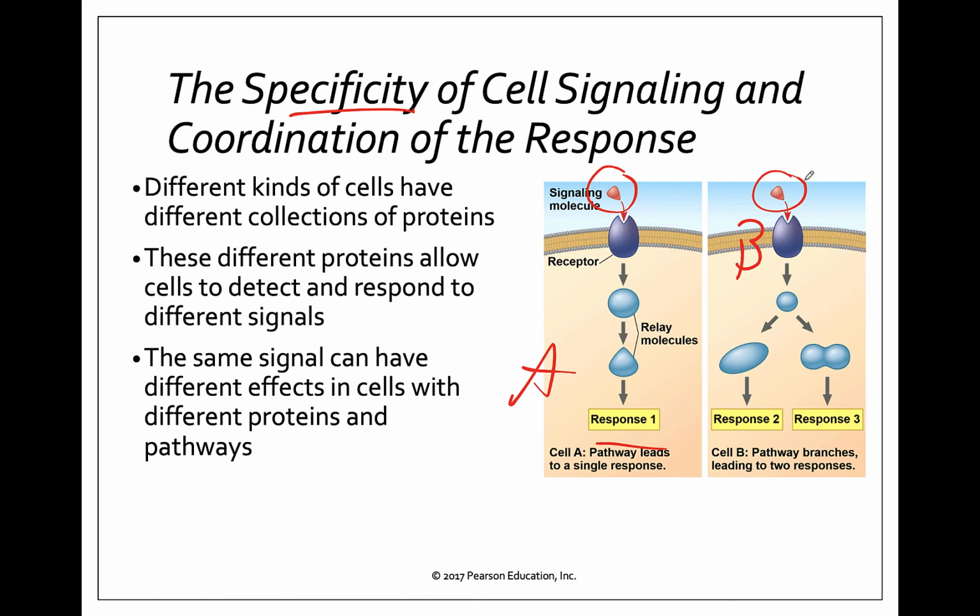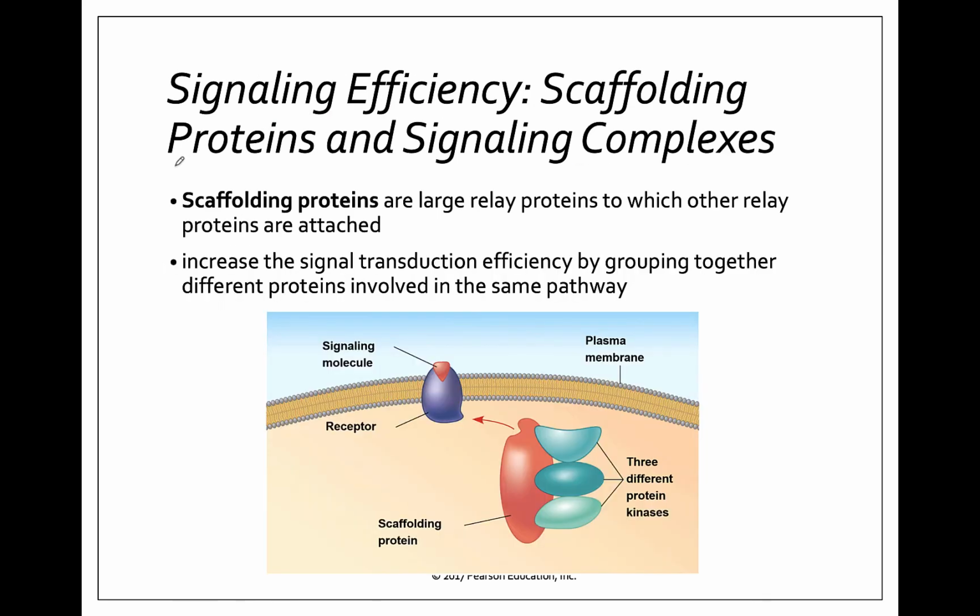In cell B, that same signal has a different pathway that actually splits into 2 responses, and we get 2 completely different responses from the same signal, just because these 2 different cells have a different transduction pathway, right? That's step number 2.